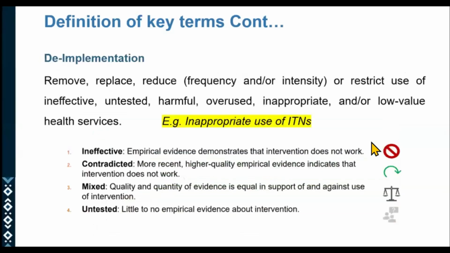So we have implementation, we also have de-implementation, which is usually the most difficult part. It's easy to implement something, but when it comes to a concept that people already have stereotypes about, things that they have been doing for a long time, and then you want to take them out of that process, it's usually very difficult. We take, for example, the people that use their mosquito net for farming.